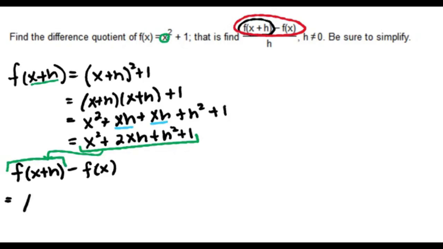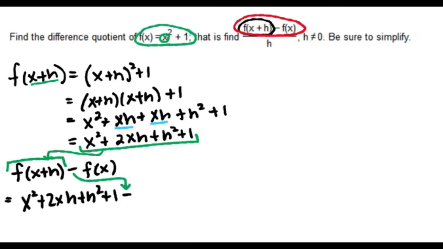So we have x squared plus 2xh plus h squared plus 1. So then I want to carry this minus sign down. And I want to subtract f of x. And f of x is that function that we were given to start with. F of x is x squared plus 1.